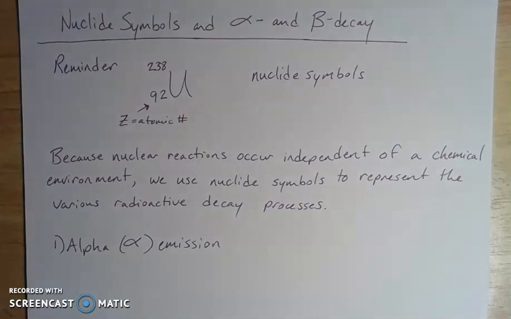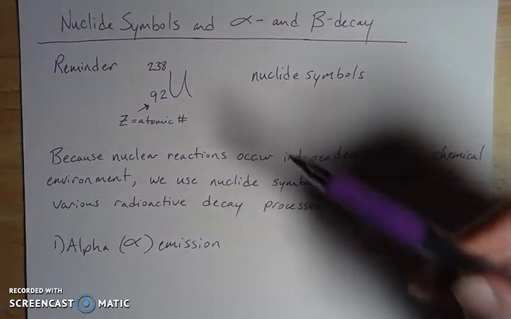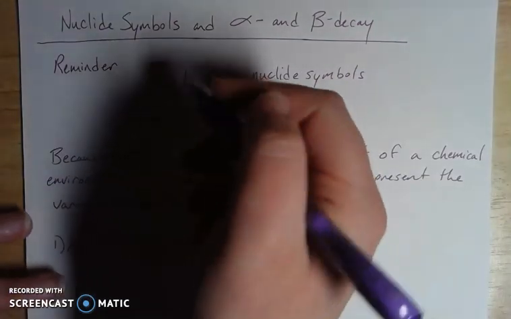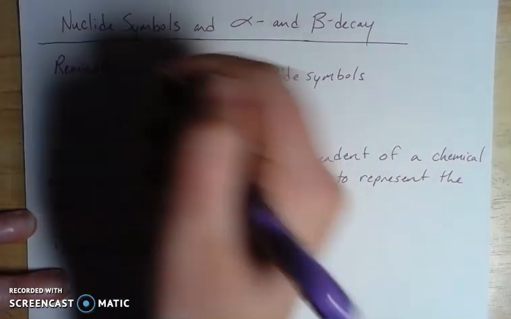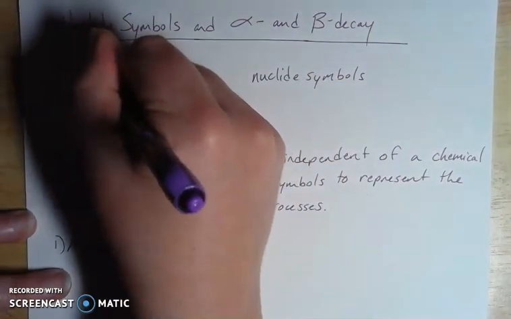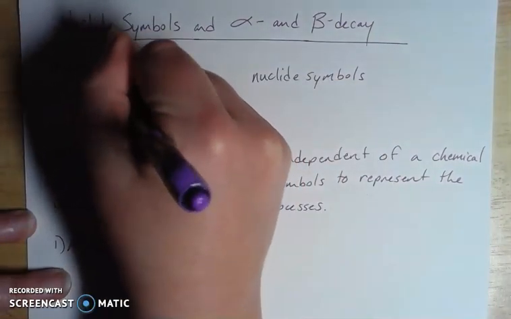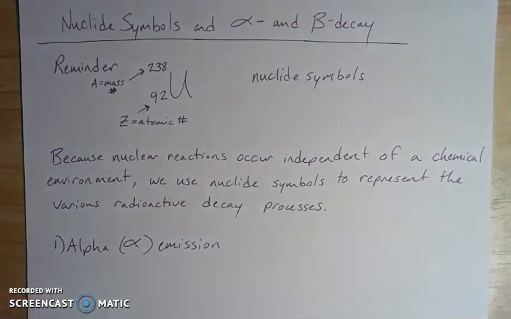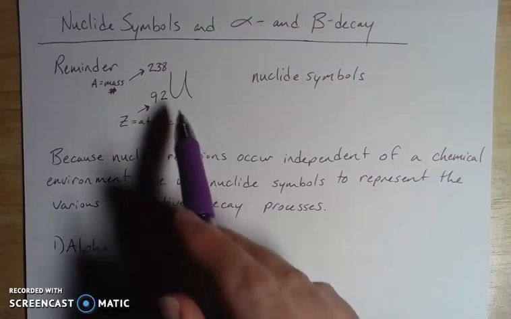So that number is somewhat redundant, and sometimes with nuclide symbols, you just see the number at the top. And the number at the top is the mass number, or A. And the mass number is the total number of particles in the nucleus, the total number of nucleons, which means that it's the total number of protons and neutrons in that particular isotope of that particular element.